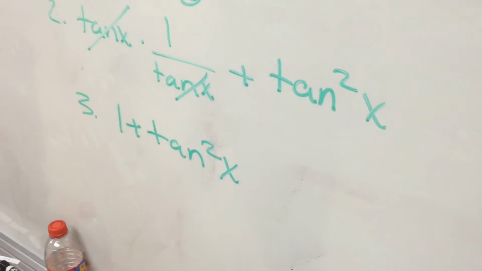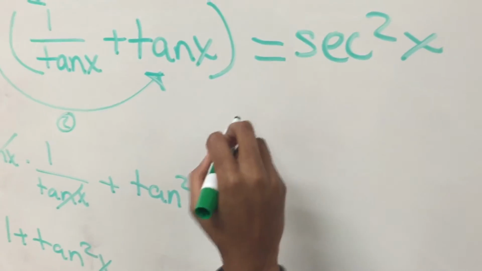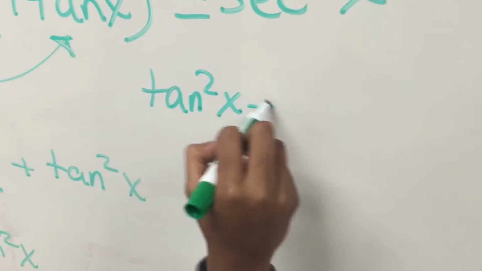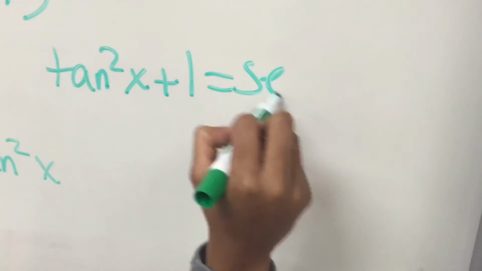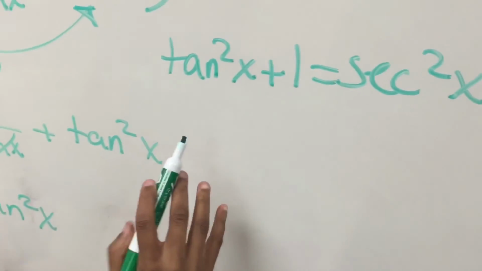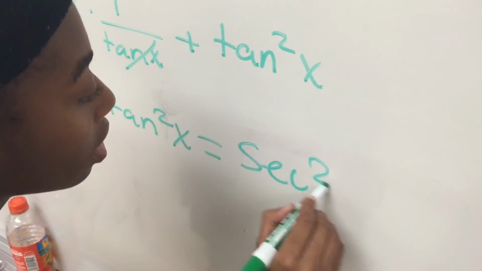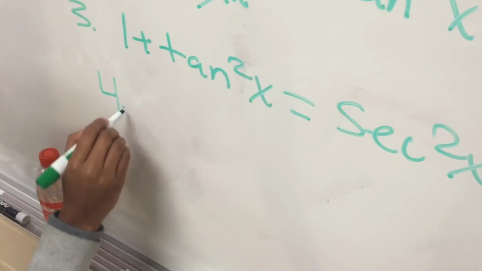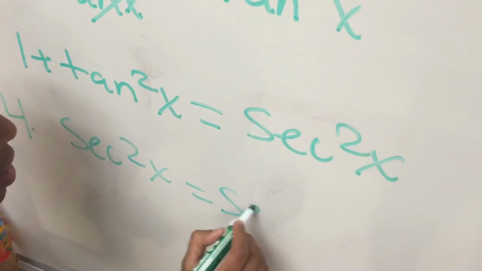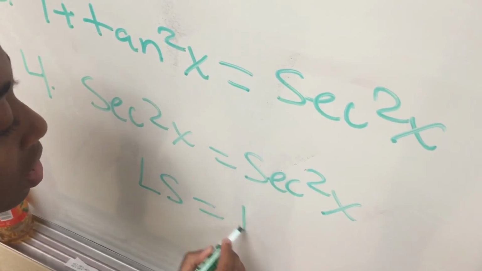Using the Pythagorean identity, tangent squared x plus 1 equals secant squared x. So you will have secant squared x equals secant squared x. So the left side is equal to the right side.